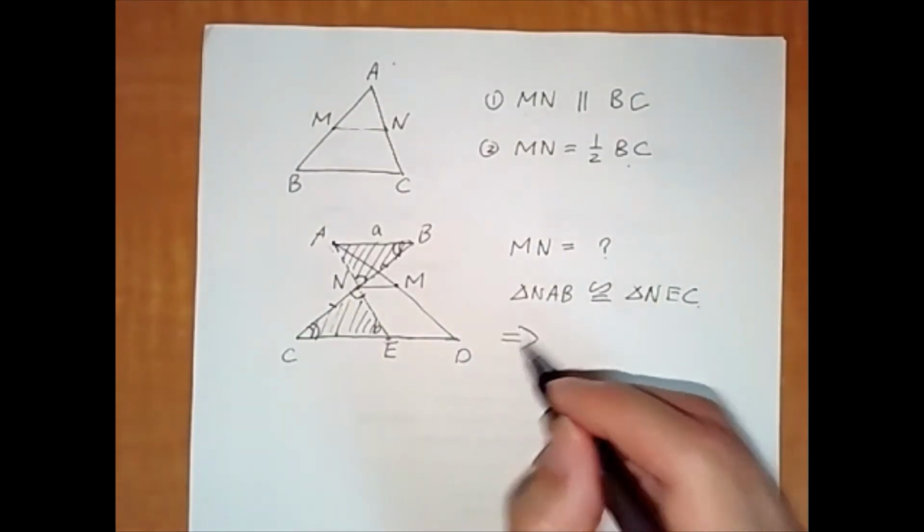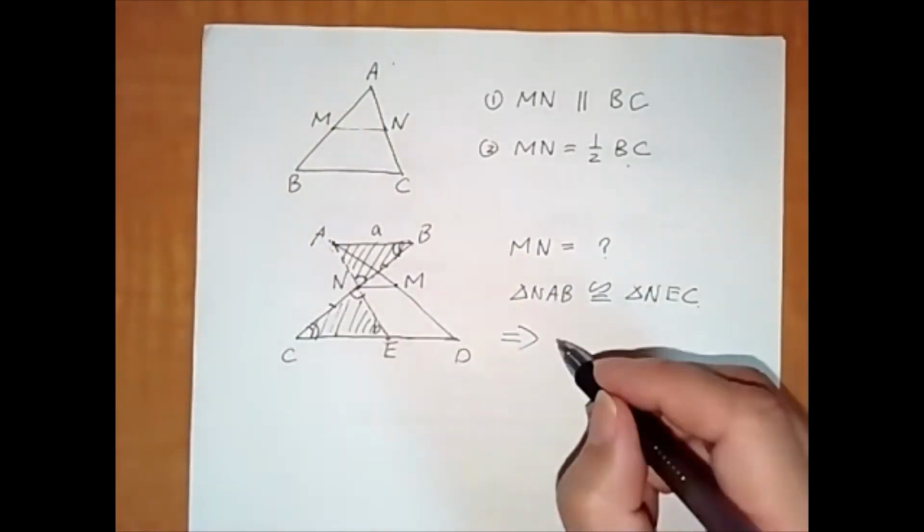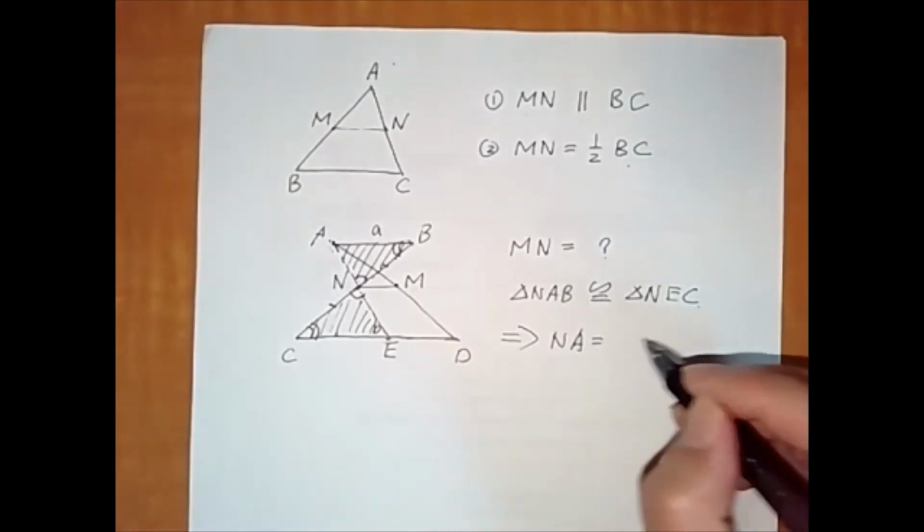This tells us that N is the midpoint. That's NA equals NE.